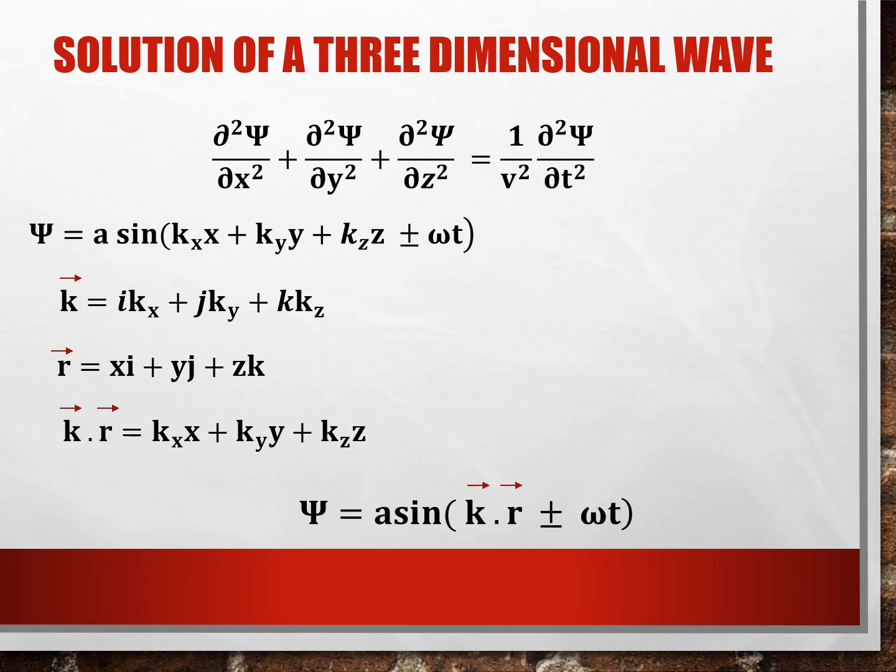The position vector r is equal to xi plus yj plus zk. When you take the dot product of wave vector k and position vector r, that is k dot r, you will get kx into x plus ky into y plus kz into z. Now, the solution becomes psi is equal to A sin(k dot r plus or minus omega t).